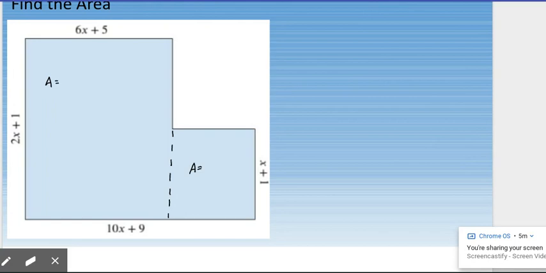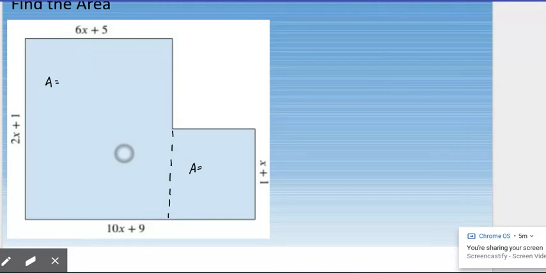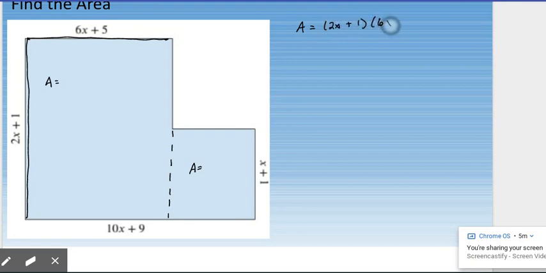For this first one, the bigger of the two, I know what this long side is, and I know what this long side is. So I'm good to go with that first one. Let's go ahead and get that area. We have 2x plus 1 times 6x plus 5, just doing a rectangle like we did on the very first one.